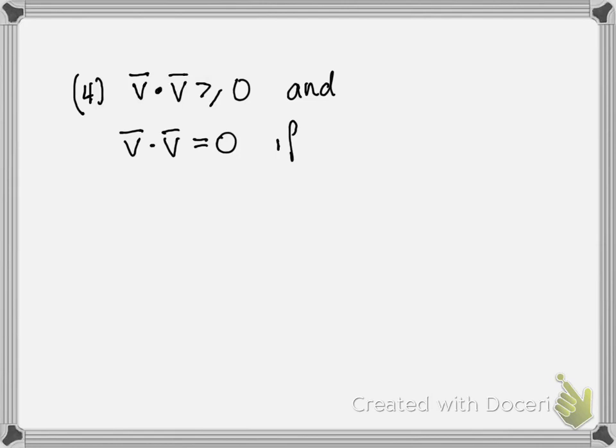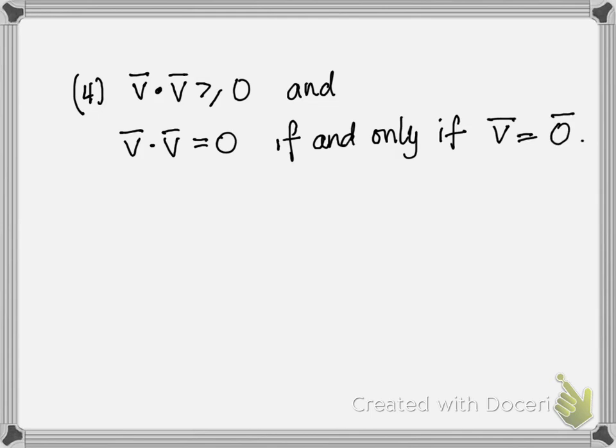Number 4, the dot product is always non-negative. So v dotted with itself is bigger than or equal to 0. This is immediate from the fact that a vector dotted with itself is just the norm squared, as we saw just a few minutes ago. And the only time it's 0 is if v is the 0 vector. So we'll just finish that off. V dot v equals 0 if and only if v is the 0 vector.